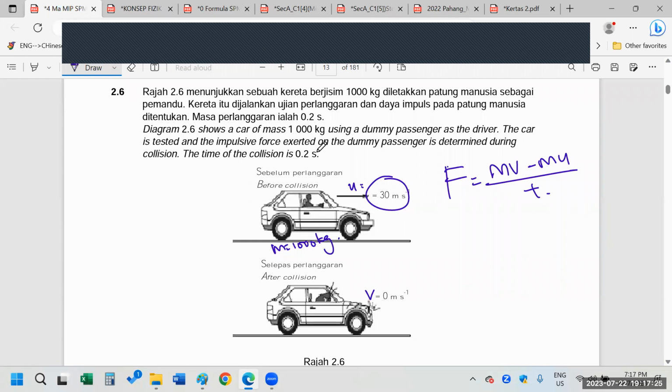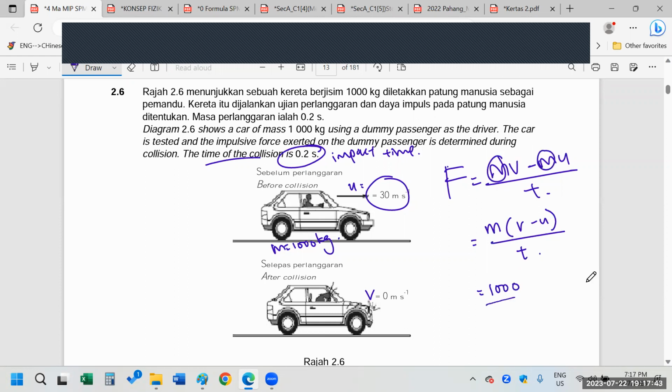The time of collision, the impact time, is 0.2. So it will be m(v minus u) over t. I like to factorize it, I'm a lazy person. So 0 minus 30, over 0.2. Then press the calculator and you will get the answer.